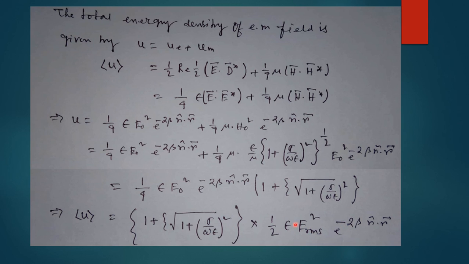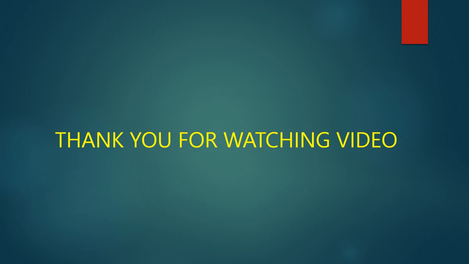This equation also tells us that energy density is also damped in a conducting medium, and this energy is lost due to Joule heat. Thank you for watching the video.